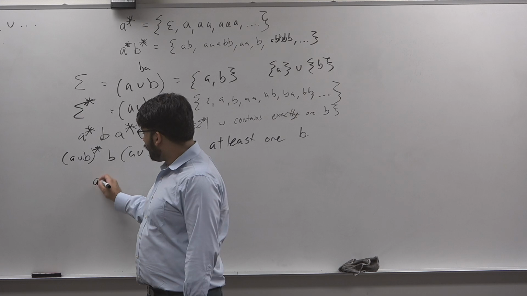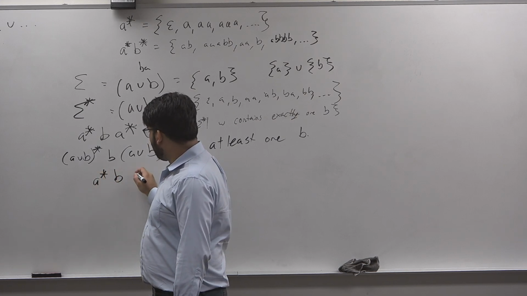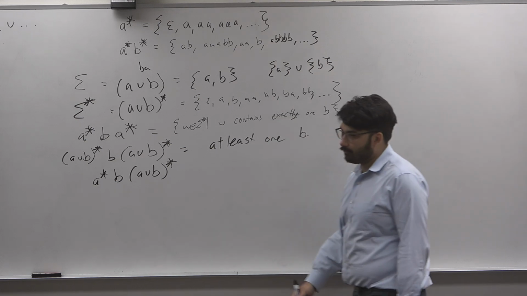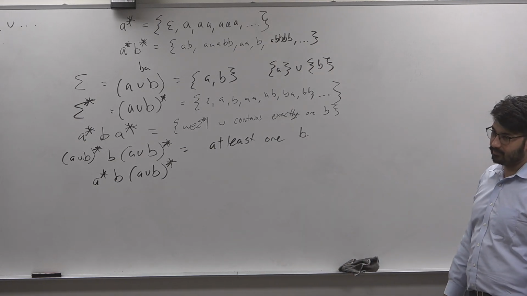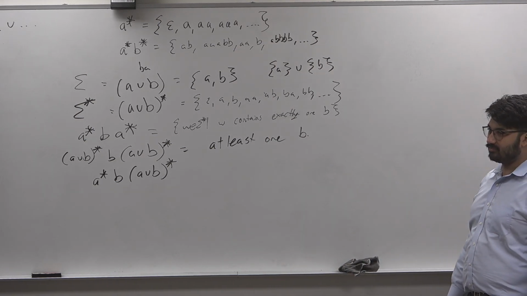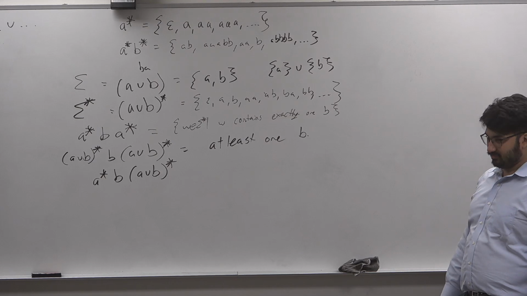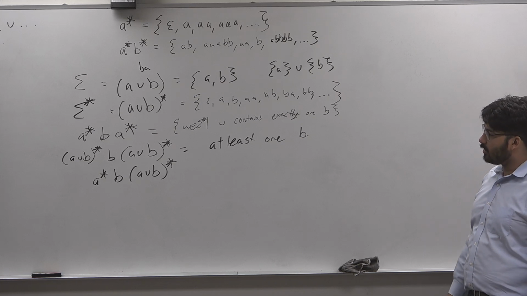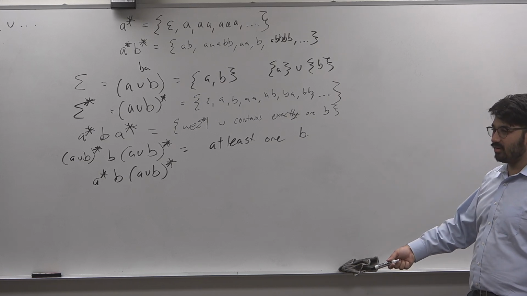What about A star, B, A union B star? All strings that start with 0 or more A's, and then one B, and then any other string in the language. Right, but what's another human explanation for it?